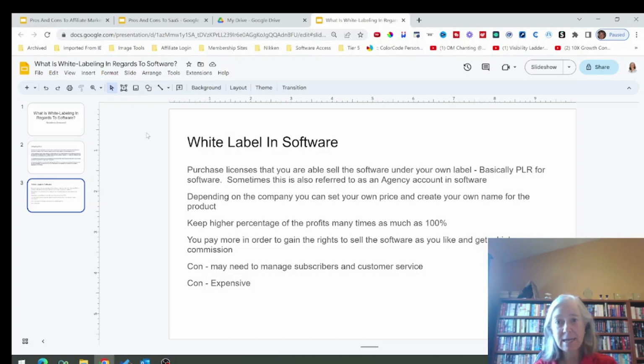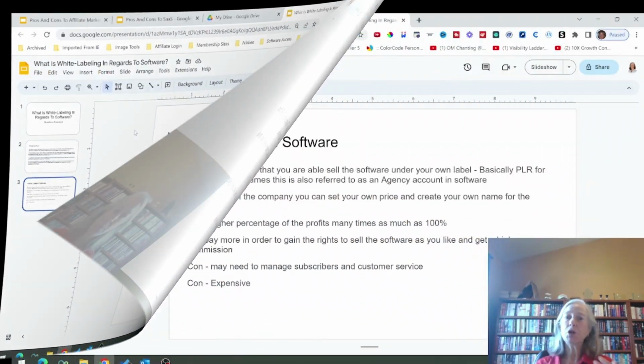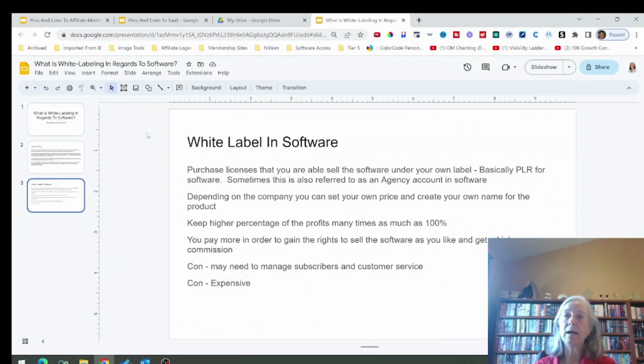But as I stated with the previous slide, it's going to be very important that you understand what the licensing permissions are. So with many of these companies, sometimes it's also referred to as an agency account, meaning you can set up sub-accounts, you manage it, you're able to give away free accounts or set a different price or things like that.